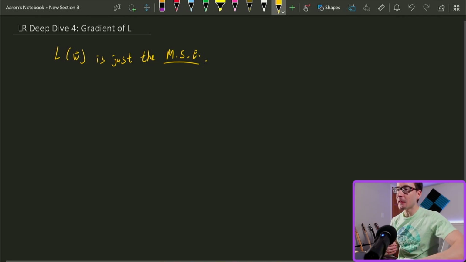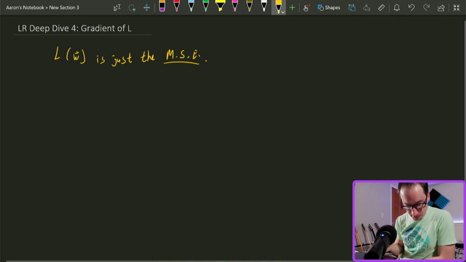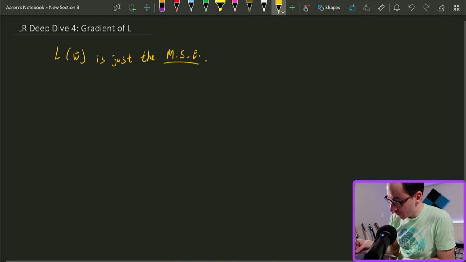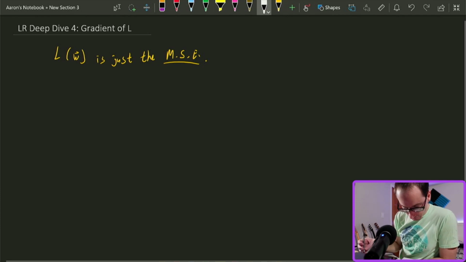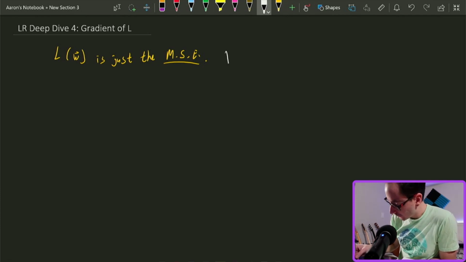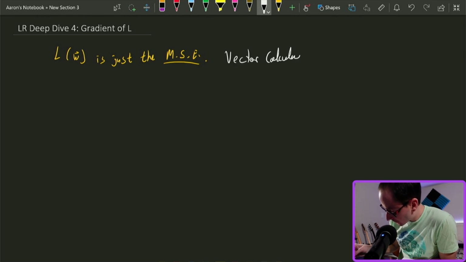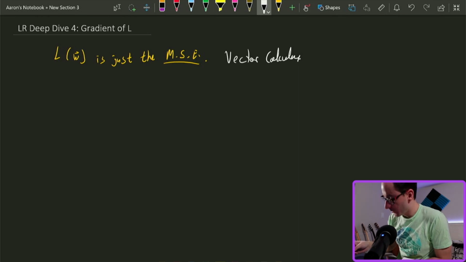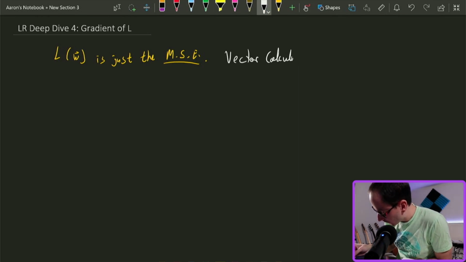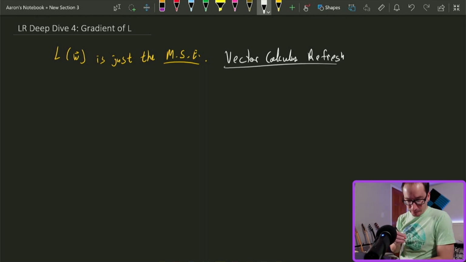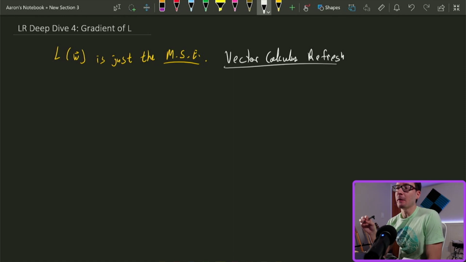Now, in order to take this derivative using that matrix notation, let's do a brief vector calculus refresh, which I am honestly extremely rusty on myself. Vector calculus refresh. So we want to take the derivative of L of W. That is the derivative of a scalar.